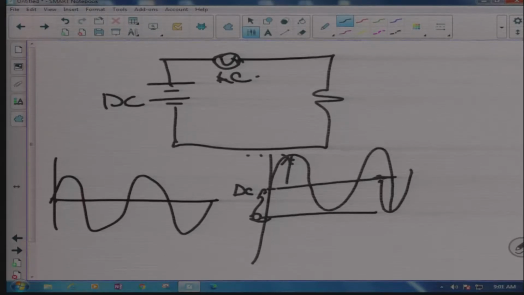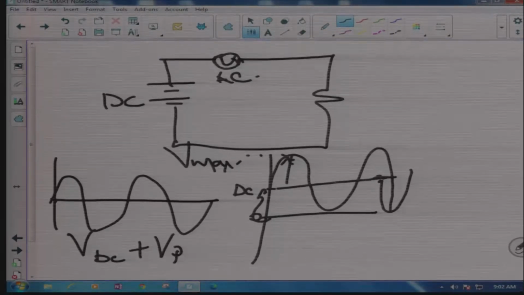This point in here, we call it V maximum, V max. It is always made of VDC plus V peak.